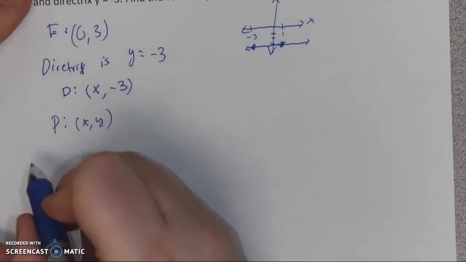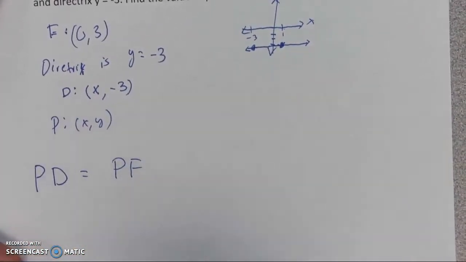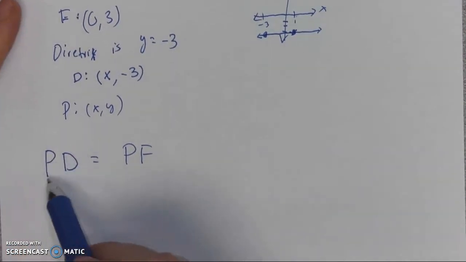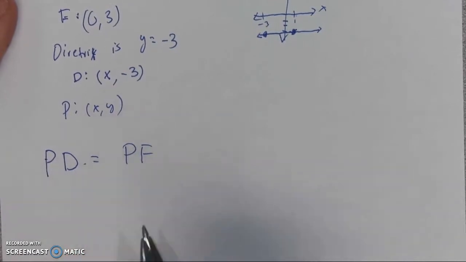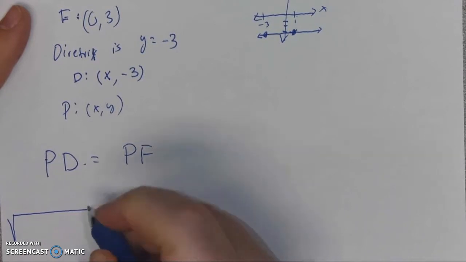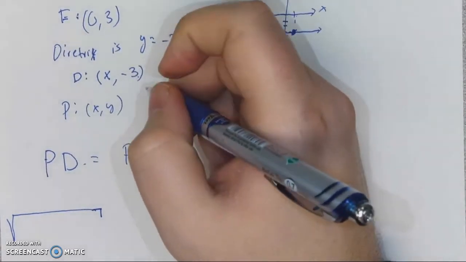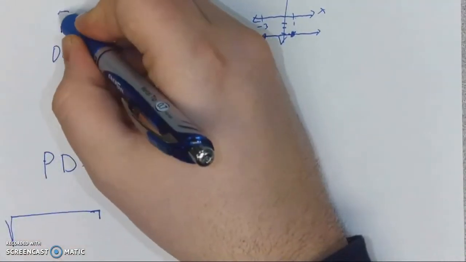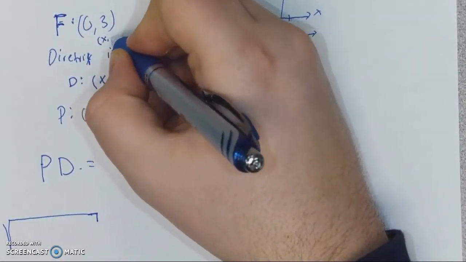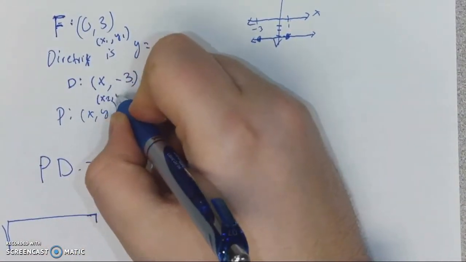So I'm just going to write PD equals PF, just like your notes had it. Then I'm going to use the distance formula on the point and the directrix. So the point on my parabola was (x, y), and the directrix was (x, -3). In order to use the distance formula, we're going to give these points some names. So this is going to be the point (x1, y1), your focus, and your directrix will be the point (x2, y2).